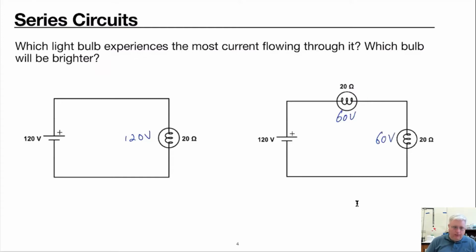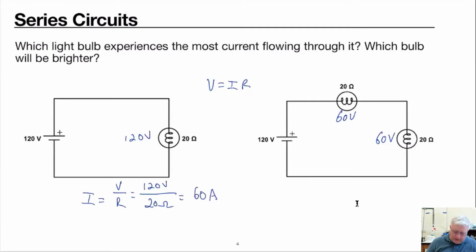Okay, and then we can use Ohm's law, V equals IR. We can use that to determine what's the current in each circuit. So then solve for I, it's just voltage divided by resistance. So in the circuit on the left, the voltage 120 divided by the resistance 20 ohms, well, that will give us 60 amps of current.